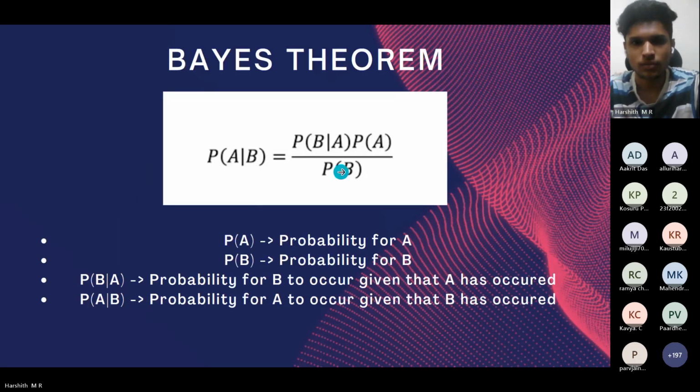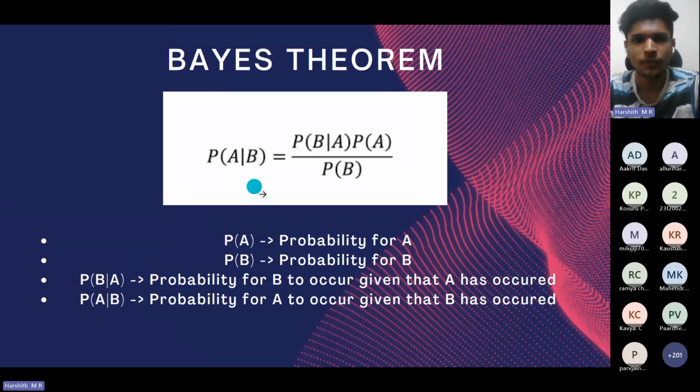Bayes theorem is used to determine a probability when you are given the other three probabilities. While performing this classification, you'll see that we'll be able to determine these three probabilities, but only our final probability would be used for classification.